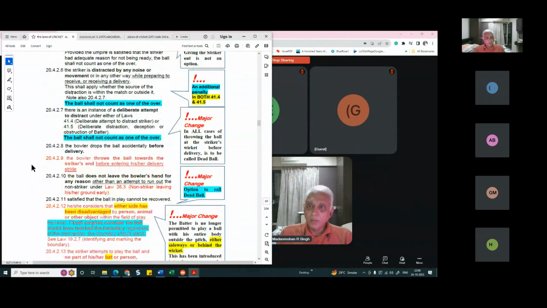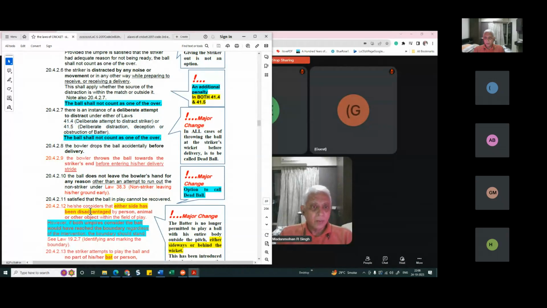Now here going further, there is an instance of deliberate attempt to distract under either of the laws 41.4 and 41.5, where again it is said that the ball shall not count as one of the over. We will discuss in detail when we come to these, but here it is only listed.